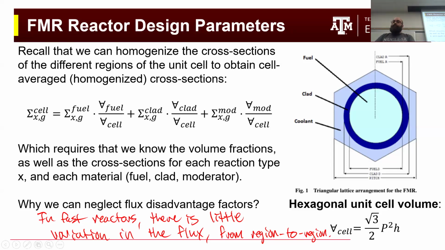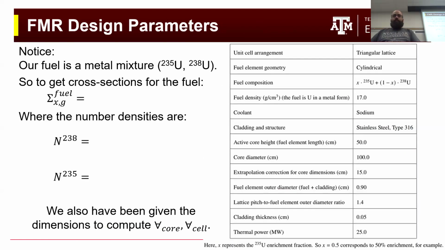So yeah, if you try to do this for a thermal reactor, your results are going to be really bad. That's partly why we picked this reactor for this problem, because it simplifies our calculations and will still give us reasonably accurate results.